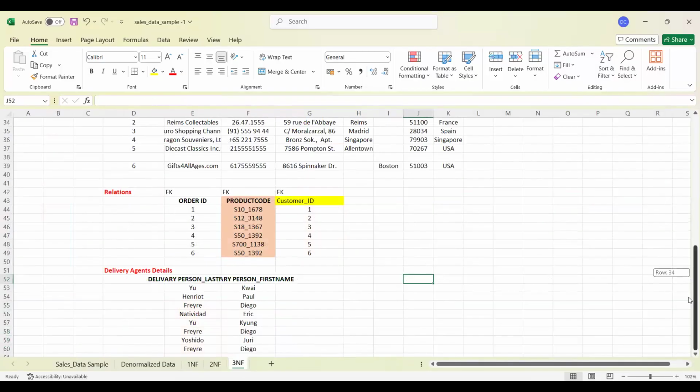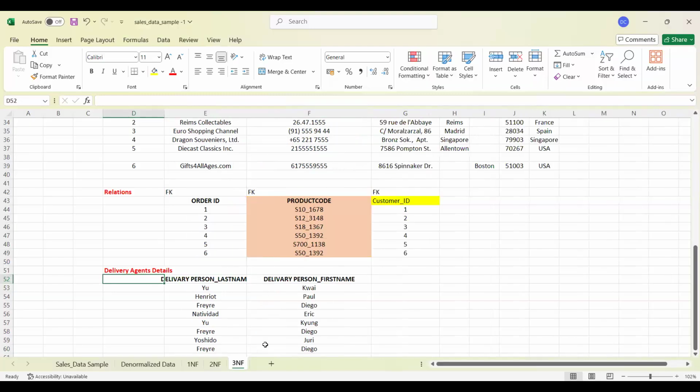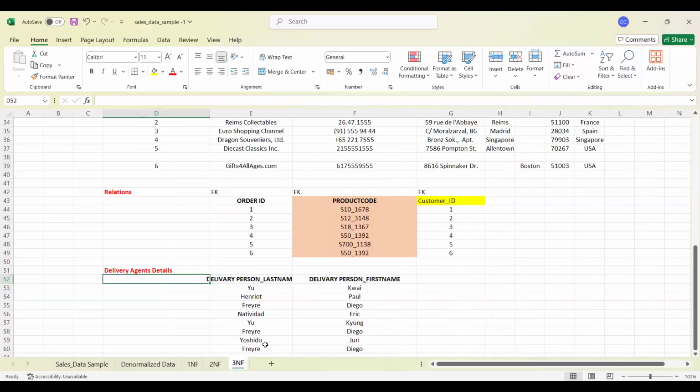So to satisfy that, I need to mention a primary key here. For that reason, I will create another column, maybe employee ID, because delivery persons are employees only, right?